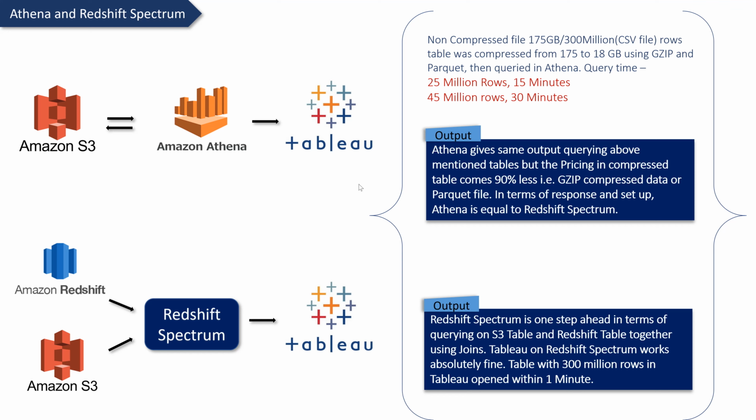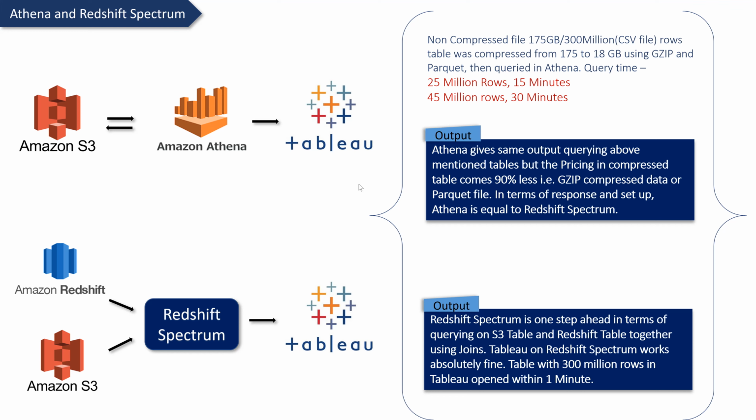There were 300 million rows in that CSV file, and I just used Python to compress that, and you won't believe it, 175 GB, once I converted it into gzip, it was converted into an 18 GB file. And even if you make a Parquet file of the same 175 GB, it was coming out similar, at around 18 GB.